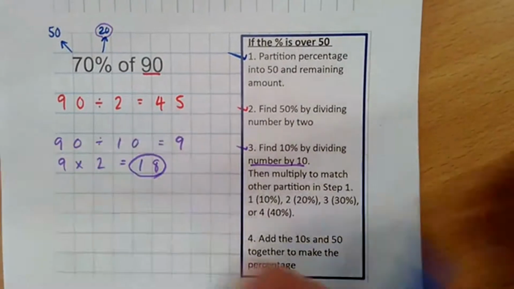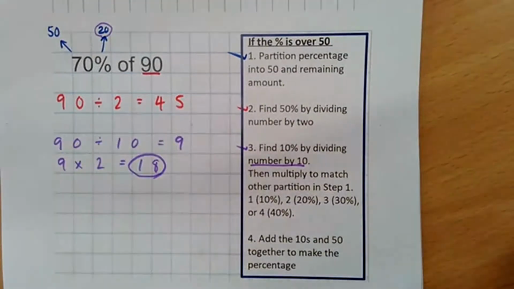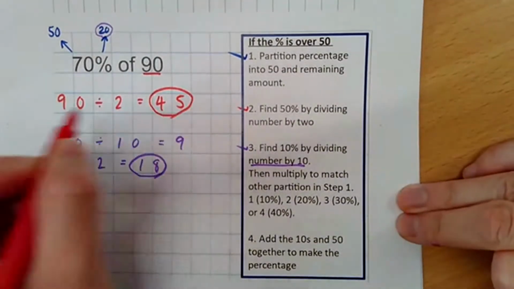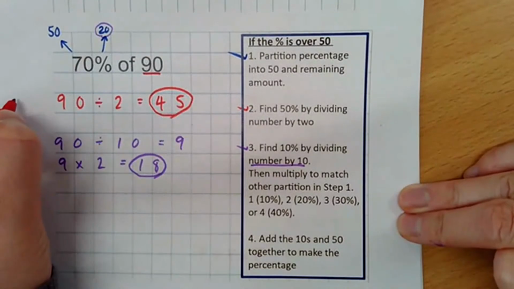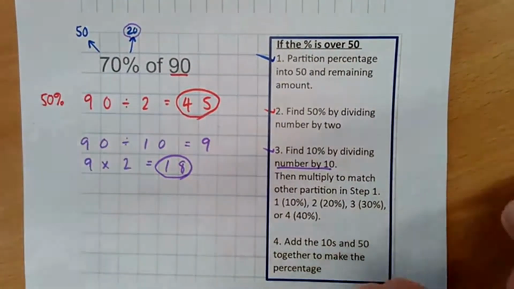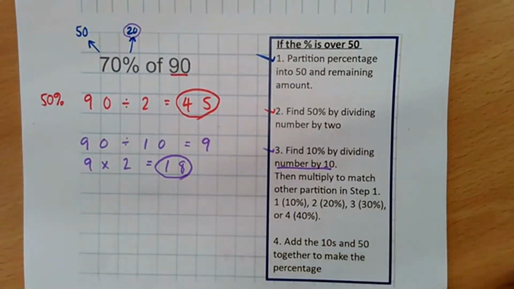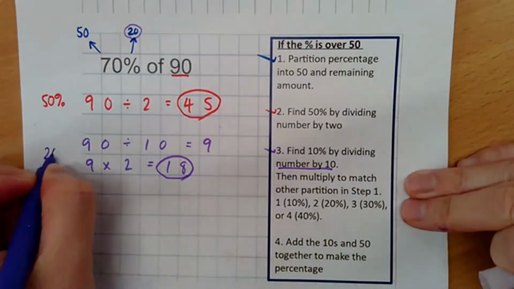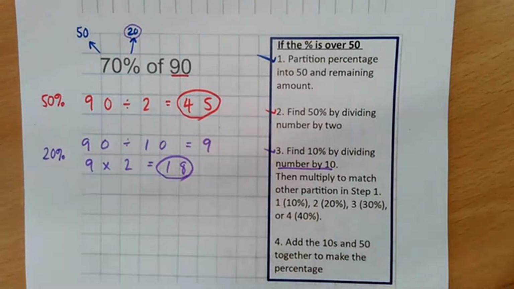I'm going to now circle, because I know that this is my 50%. It might help you to put that there to remind you, so that's 50% and this here is 20%.